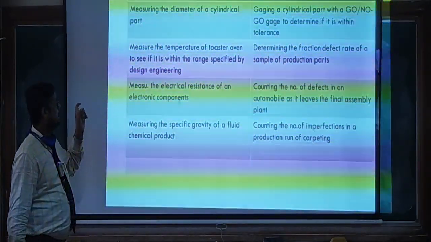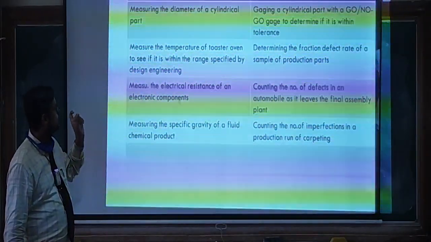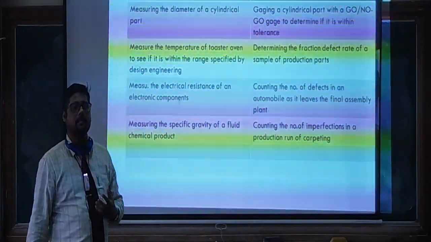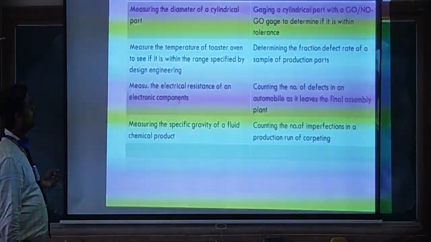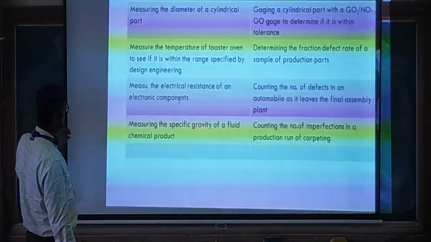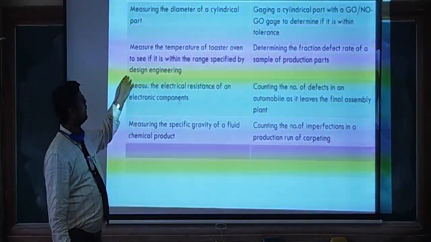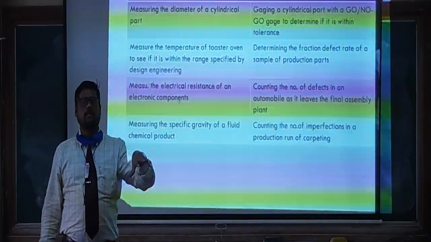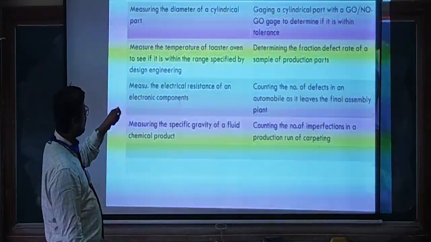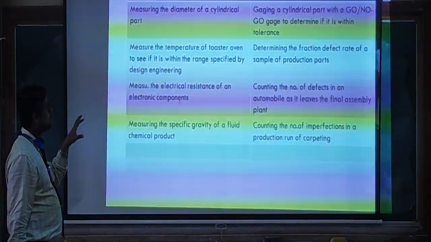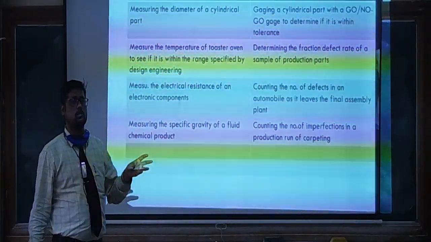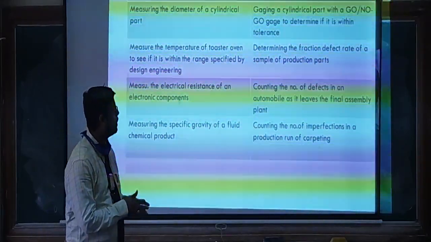While designing that oven, design engineering will specify the upper limit and lower limit of the temperature for the toaster oven. So measure the temperature of the toaster oven and see whether it is within that limit or not. However much you keep the temperature, it will be measured. That is also a variable, so we can change the temperature.